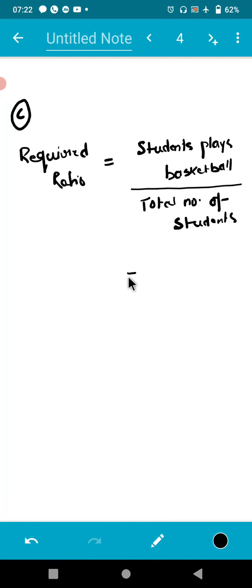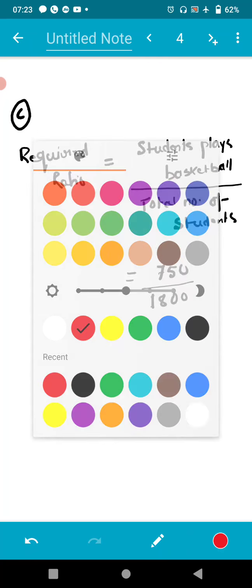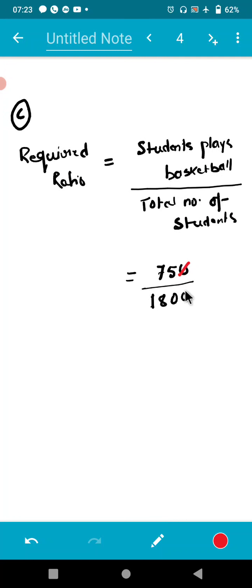How many play basketball? Yes, it is 750. And what is the total number of students? I hope all of you remember, that is 1800, isn't it? Now let's reduce this. First of all, we reduce these two zeros.